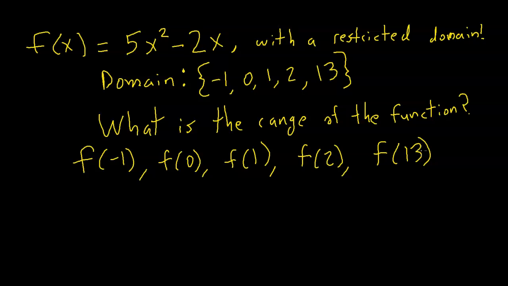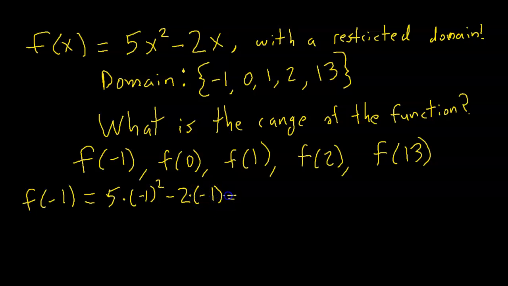Let's try to evaluate f of -1. F of -1 is going to be equal to 5 times -1 squared, minus 2 times -1. That's going to be equal to 5 times -1 squared, which is -1 times -1.